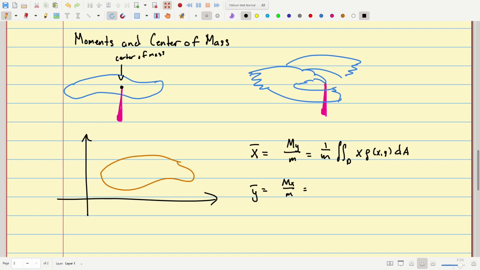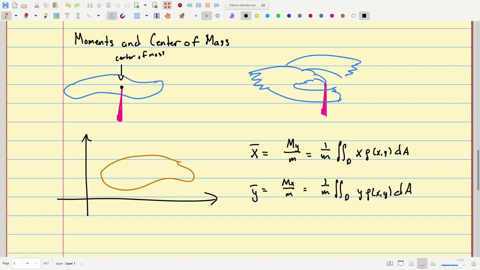This is the average of the masses if we're thinking about this in terms of the y-axis. Okay. Now, these formulas you saw back in calculus 2. All right. The thing is that they're actually much easier to deal with if we think about them in terms of double integrals than if we think about them in terms of the way we had to deal with them in Calc 2, as we had to change everything to be a function of x.